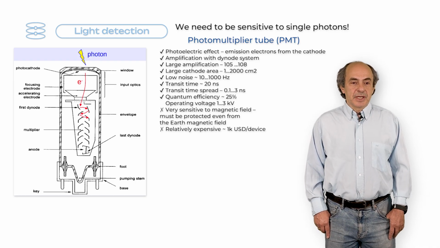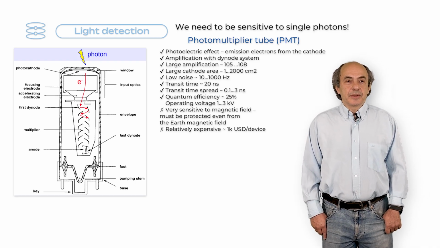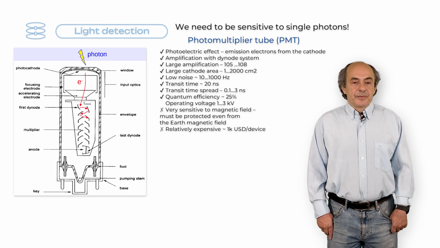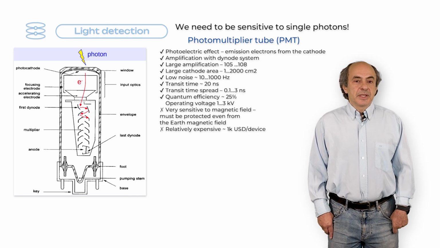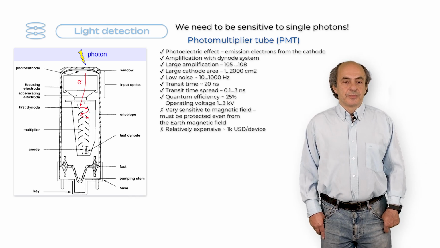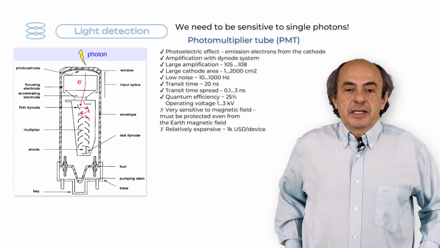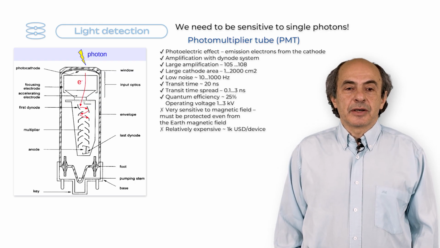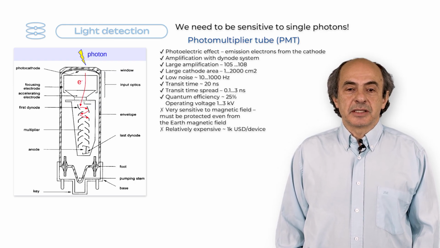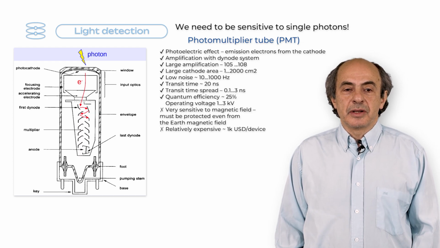What are photomultiplier tubes? We have a photon entering at a photocathode on which we have the photoelectric effect, and we emit one electron from one photon if we are lucky. Then this electron is directed by a static electric field to the next electrode called a dynode.